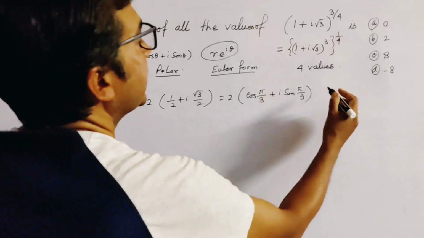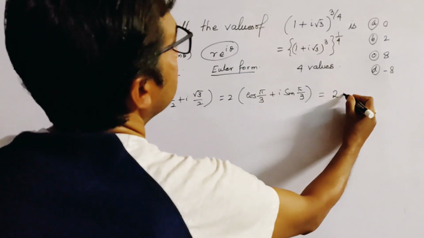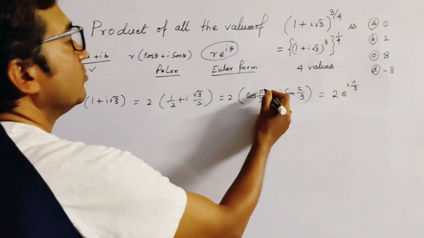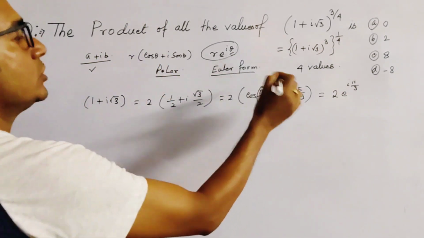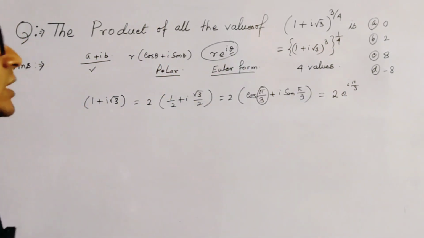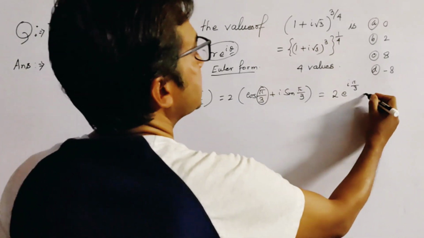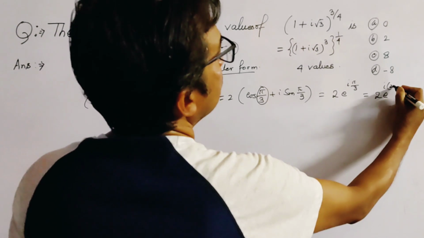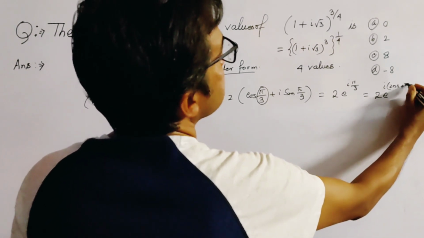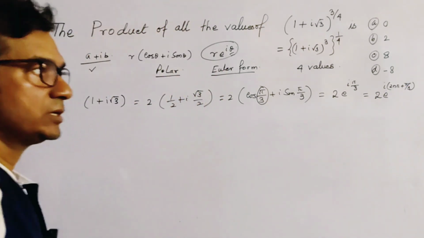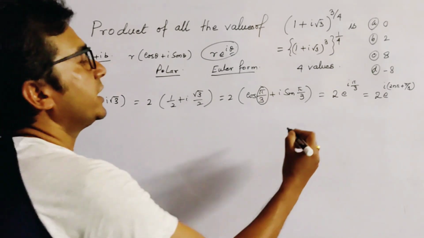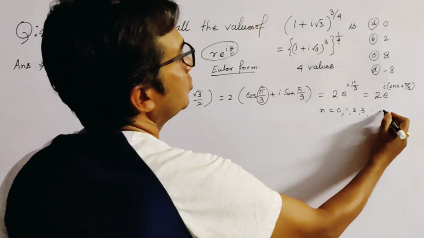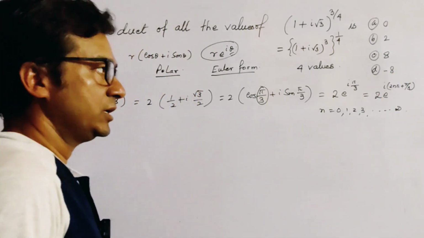Or it can be written in the form 2 into e to the power i pi by 3, because theta is equal to pi by 3. Now generalizing this complex number, we can write 2 into e to the power i into (2n pi plus pi by 3), where n is equal to 0, 1, 2, 3 and so on.